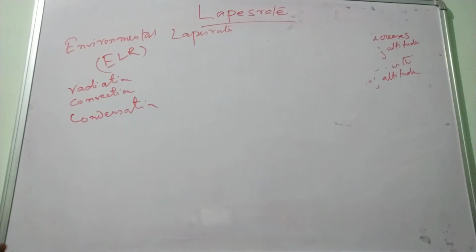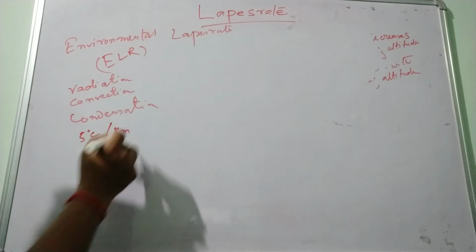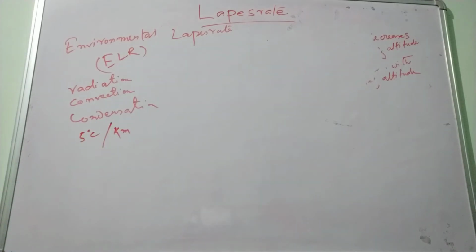When the lapse rate is averaged over all places and times, it is called the standard lapse rate, and the average is about 6.5 degrees centigrade per kilometer in the lower atmosphere. The environmental lapse rate is observed by an upward moving radiosonde.